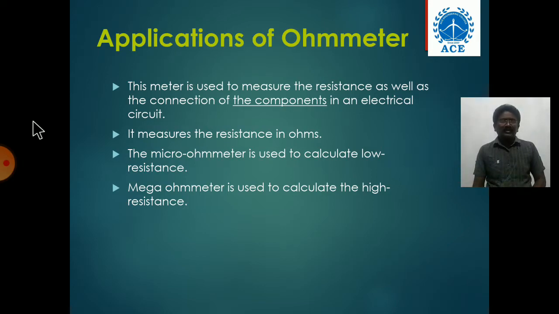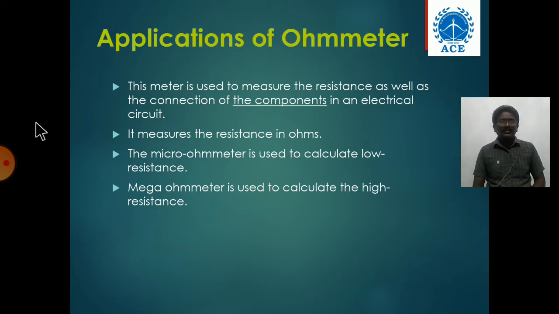So actually, in the circuit diagram, we have terminals AB. Initially, the terminals AB are shorted. So in that case, current through unknown resistance is maximum. That means Rx equal to 0 because we have shorted terminals AB.